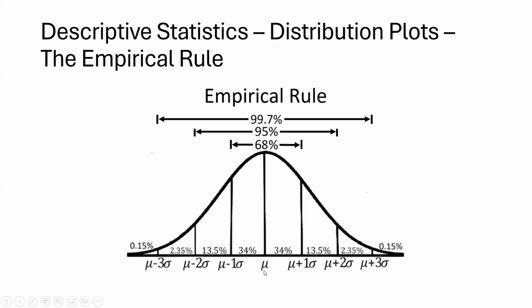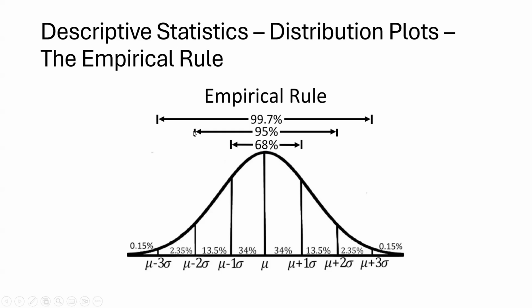So for example, if the mean of a data set is 15 and 3 is the standard deviation, तो इसका मतलब ये हुआ कि 68% वैल्यूज आपके डेटा सेट में, और अज्यूमिंग कि अगर हमारे पास 100 वैल्यूज हैं डेटा सेट में, तो इसका मतलब ये हुआ कि उन 100 में से 68 वैल्यूज 15 minus 3 which is 12 से 15 plus 3 which is 18, यानी कि 12 से 18 तक के दरमियान की वैल्यूज होंगी. ठीक है, इसमें जो 12 से लेके 18 तक की जो वैल्यूज हैं वो 68 वैल्यूज होंगी, which in case of 100 data है ना, तो 68% का मतलब है कि 68 of those values.